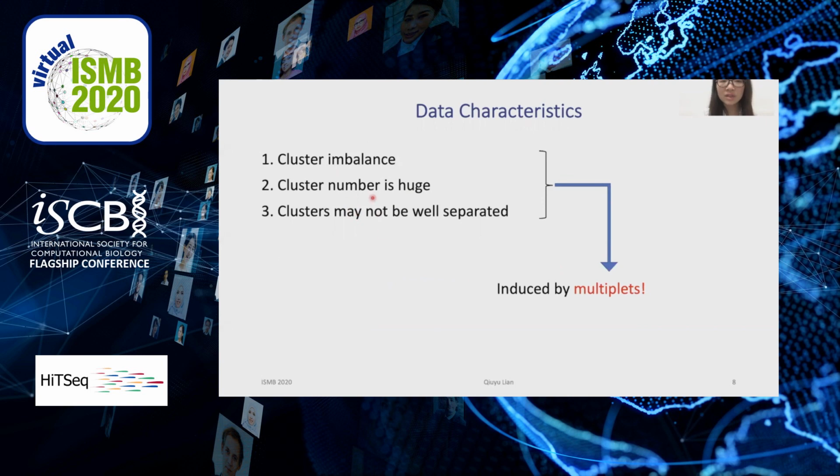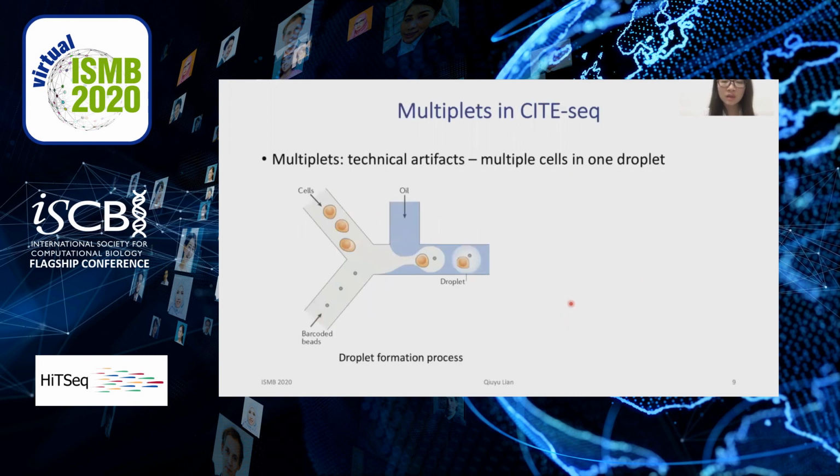All these characteristics are actually induced by a technical artifact, multiplex. In droplet-based single-cell sequencing, ideally, each droplet just captures one cell, which forms singlets. Occasionally, multiple cells could be encapsulated into one droplet, which forms multiplex.